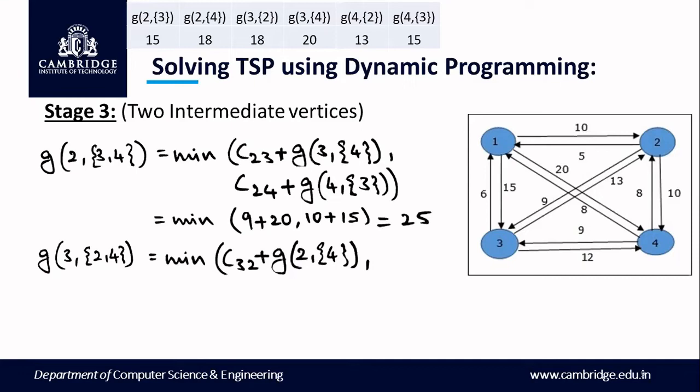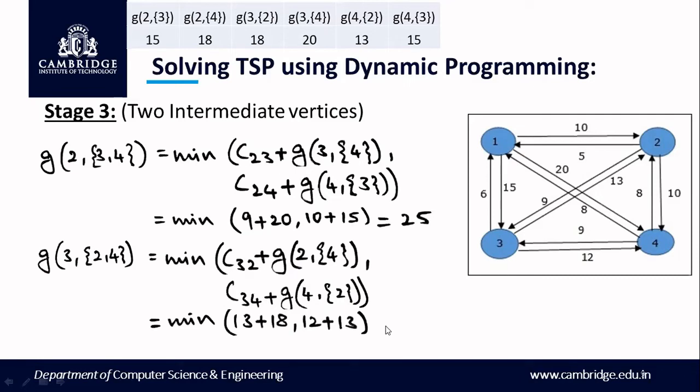That is given as C of 3 to 2 plus G of 2 comma set 4. In the same way, instead of going to vertex 2, 3 can also reach vertex 4, then 4 can take the remaining vertex, which is vertex 2. So we get cost of connectivity from 3 to 4 plus G of 4 comma set 2. So we get a minimum value.